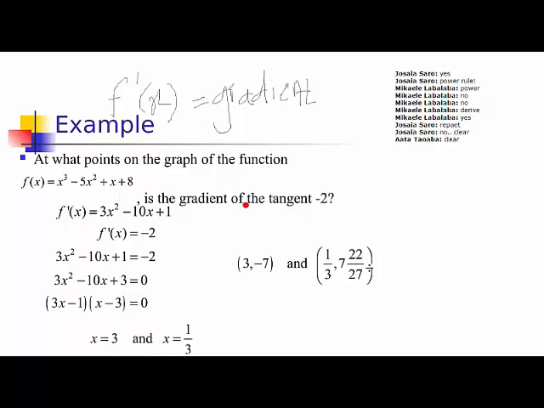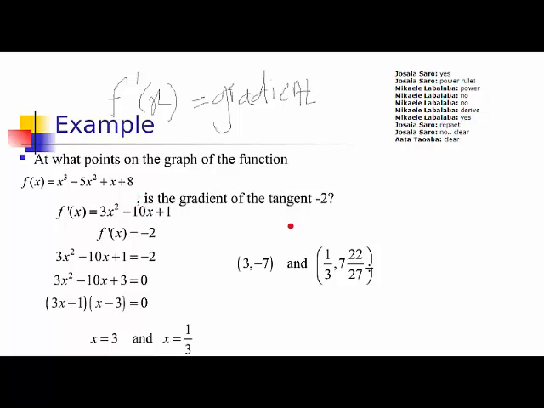Now, how are we going to find it? That's another question, right? You first have to bring this f(x) here and differentiate it. This is x cubed, so you bring the 3 in front, which gives 3x and then minus 1, so 3x squared minus 10x plus 1.